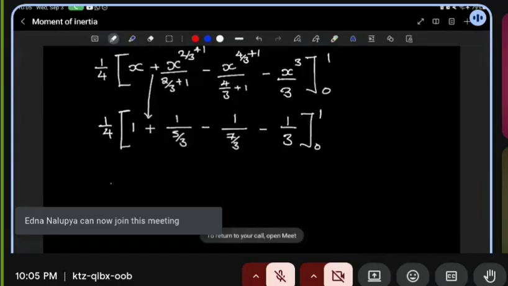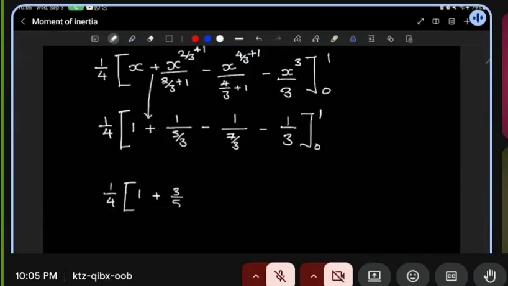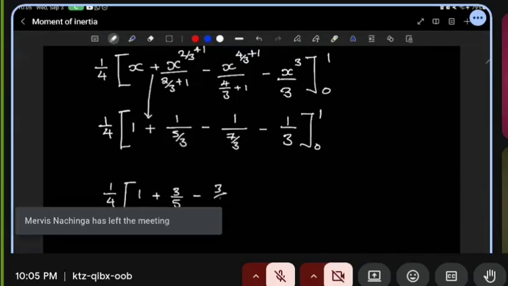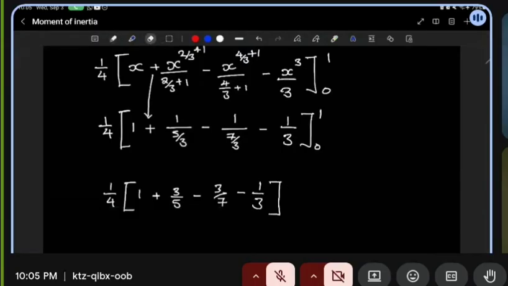So now it's just simplification. 1 plus 3 over 5 minus 3 over 7 minus 1 over 3. Oh wait, why do I still have these limits? No need for them. We've substituted.